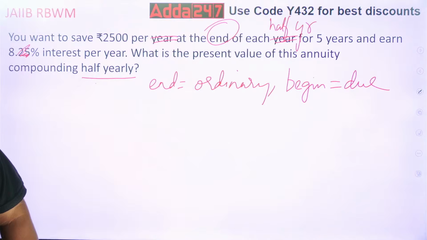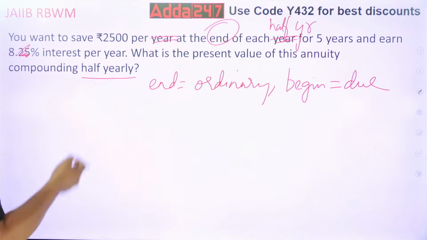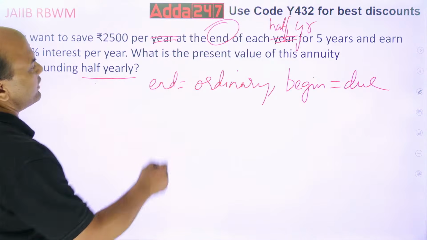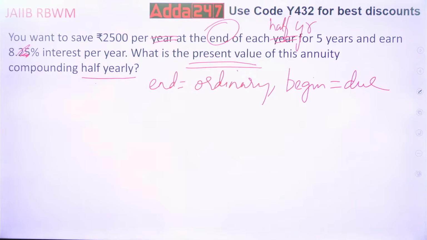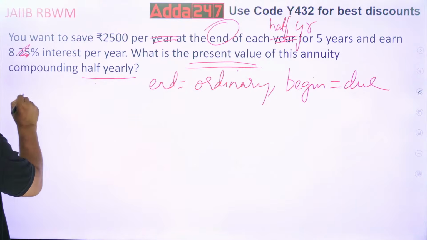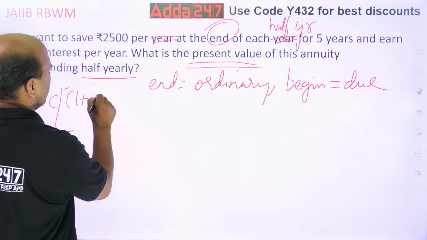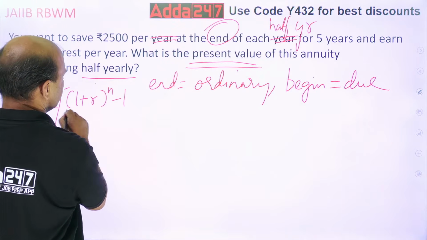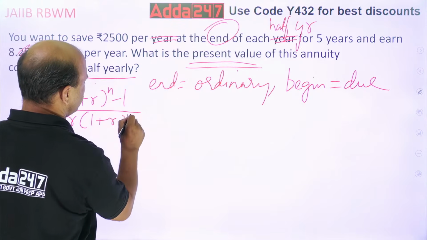Kindly note. So now, what is the formula? You want present value. What is the formula for present value? P equals to C into 1 plus R raised to n minus 1 the whole upon R into 1 plus R raised to n.